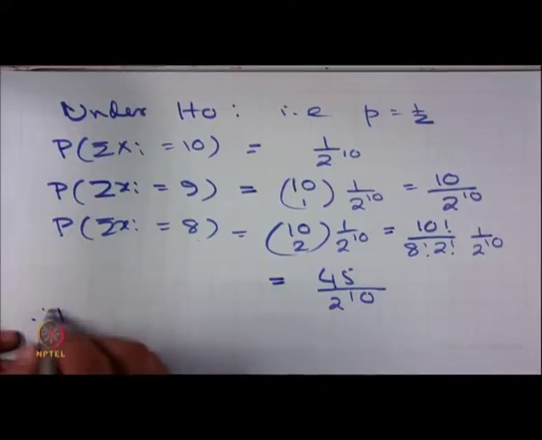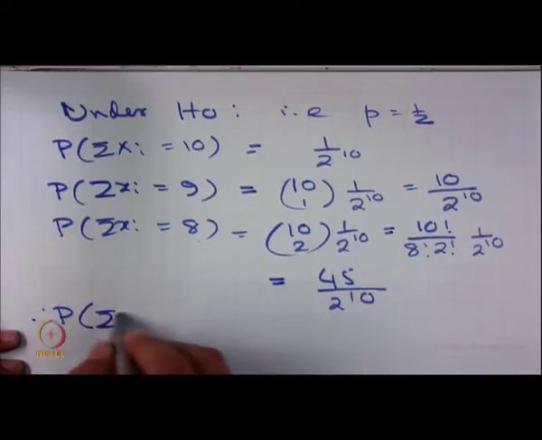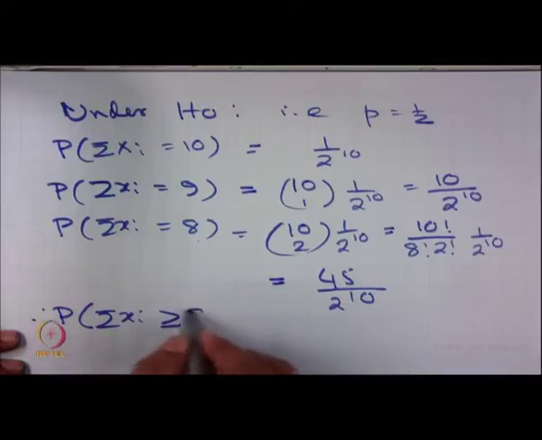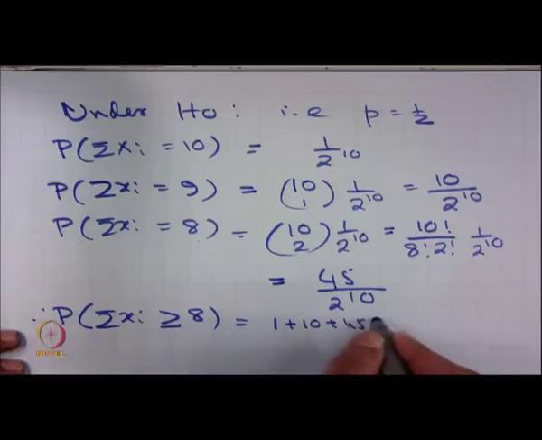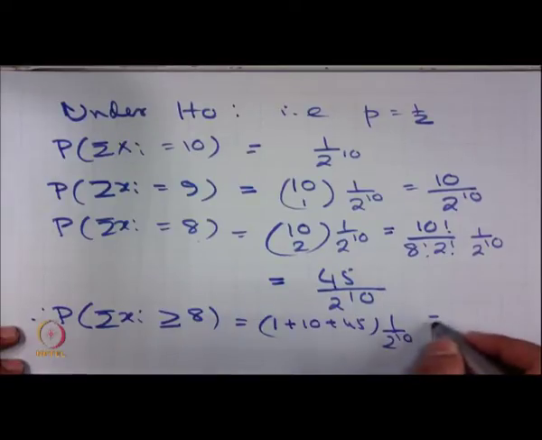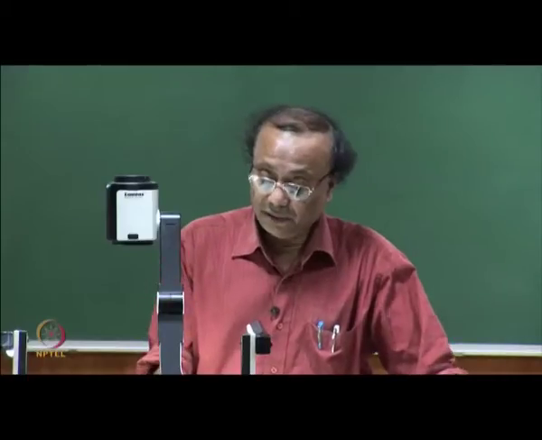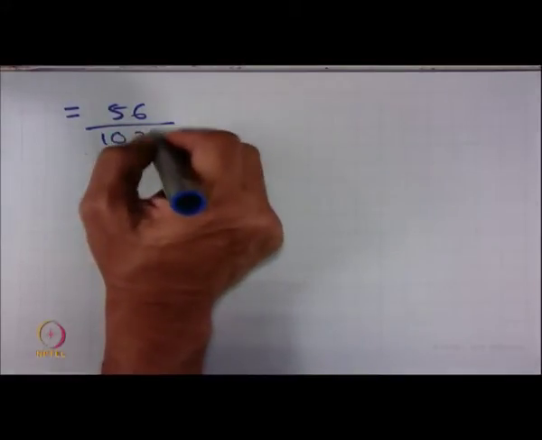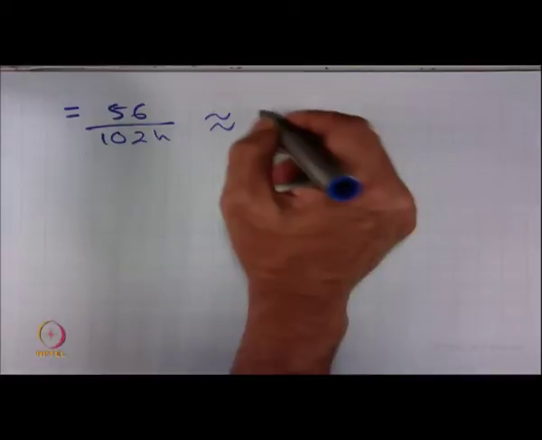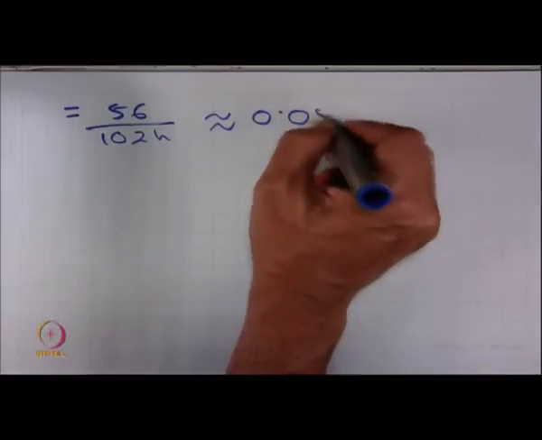Therefore, probability sigma xi greater than or equal to 8 is equal to (1 plus 10 plus 45)(1/2)^10, which is 56 upon 1024, roughly equal to 0.05.